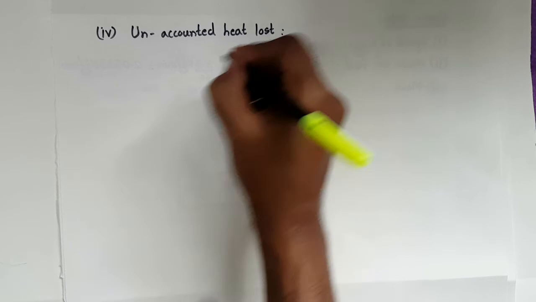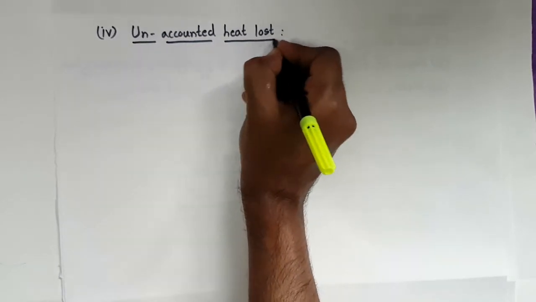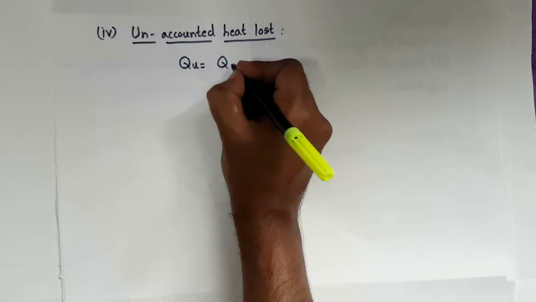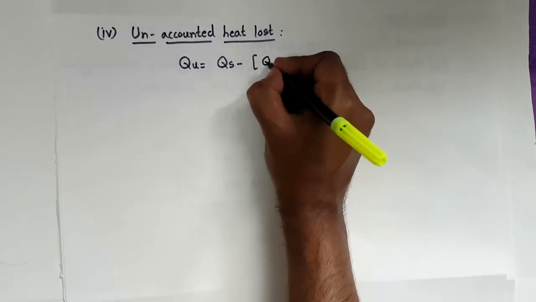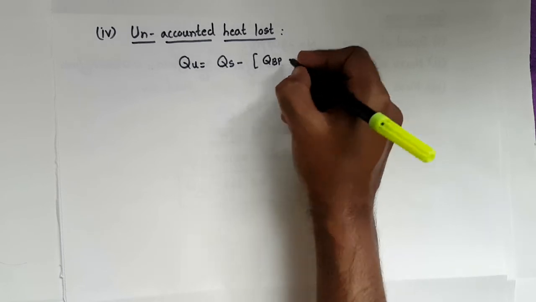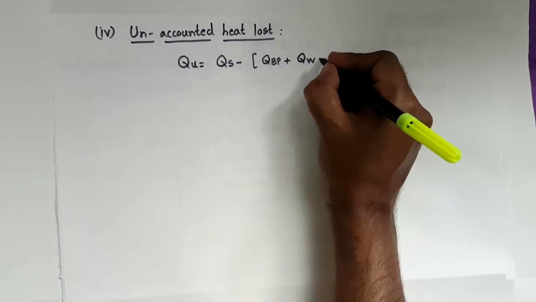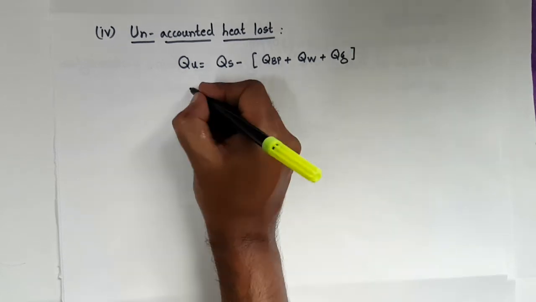So to determine it, we'll subtract from the heat supplied the other elements of heat expenditure, that is heat equivalent to BP, heat loss by cooling water, then heat loss by exhaust gases.